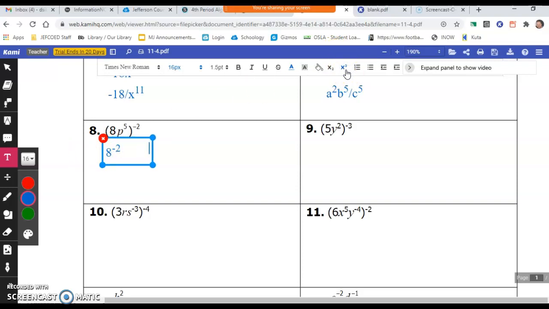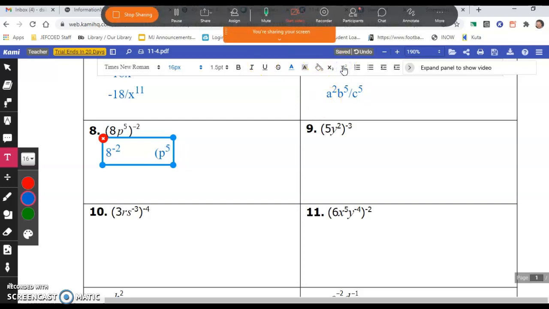And then I'm just going to space that out. And we're going to have p to the 5th. And I'm going to put that in parentheses because everything in there is being raised to that exponent.